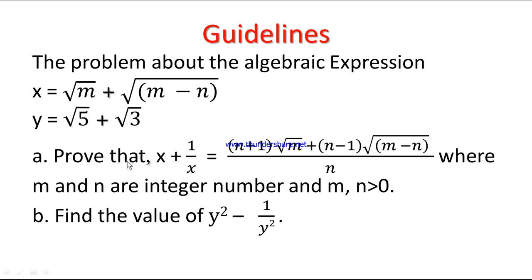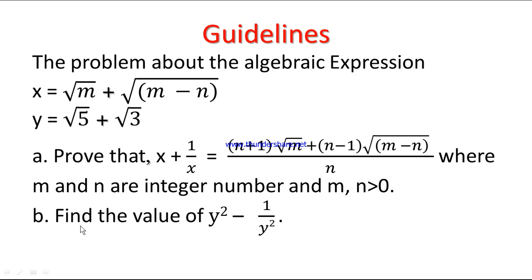Number A, prove that x plus 1 by x is equal to (n plus 1) whole into root over m plus (m minus 1) whole into root over m minus n, by n, where m and n are integer numbers and mn is greater than 0.